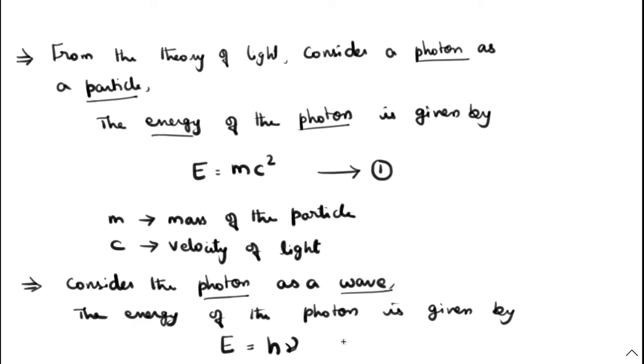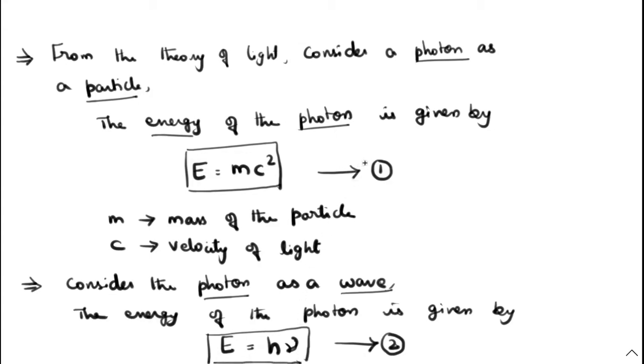So he considered both natures of the photon, that is for radiation. The first one is E is equal to mc square when we consider the photon as a particle, and E is equal to h nu when we consider it as a wave. Now compare equations 1 and 2. The left hand side is the energy of the photon, and only the right hand side values change.